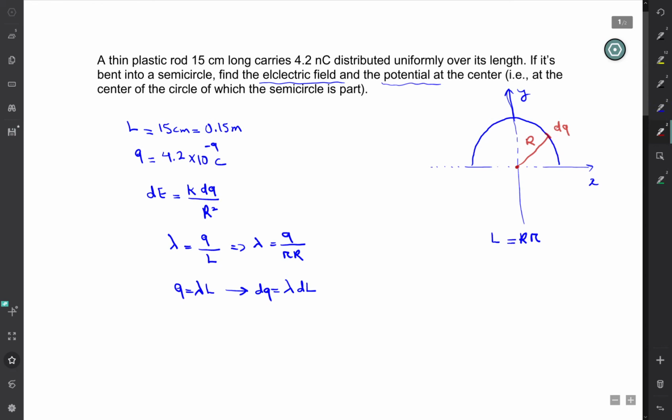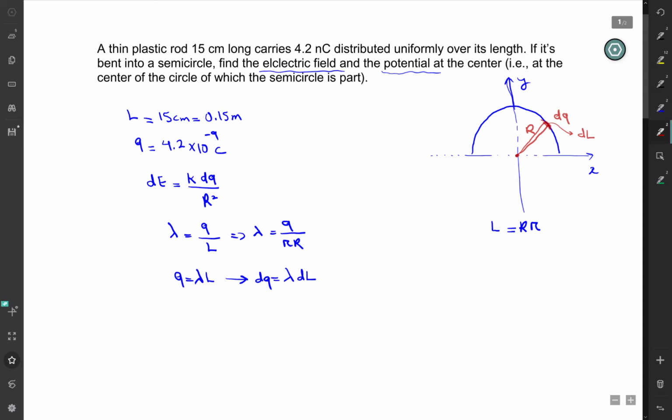But the arc length that is covering dq, let me show you. dq is that little element. The arc length that's covering this dq is basically this dl. So I can call this one dl. It's not the whole length of the rod, it's just that little dl. That's why dq equals lambda dl.